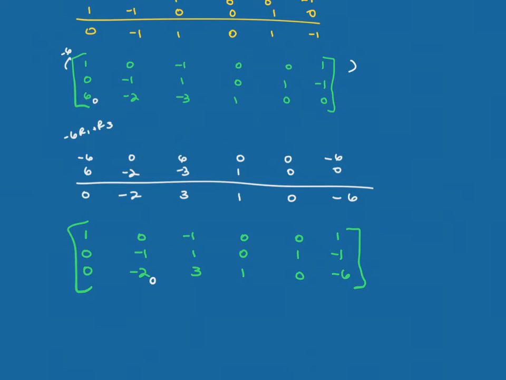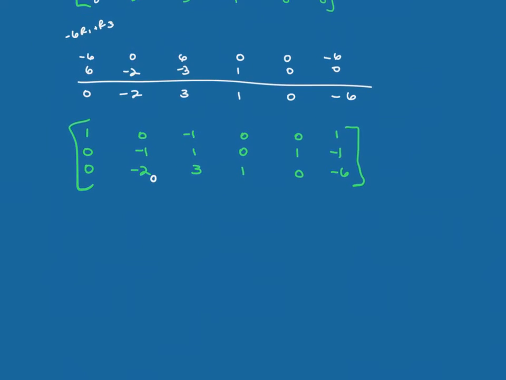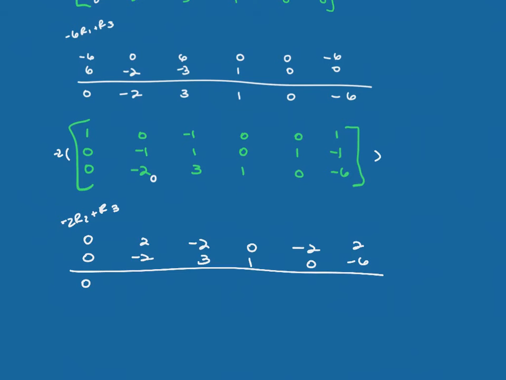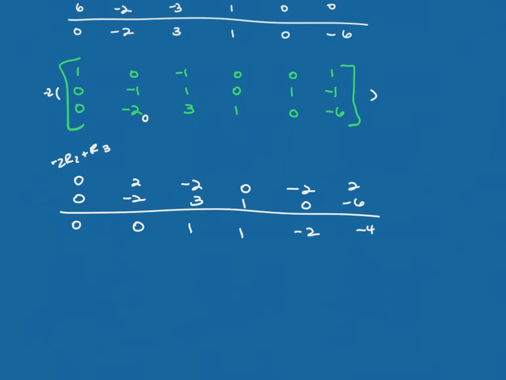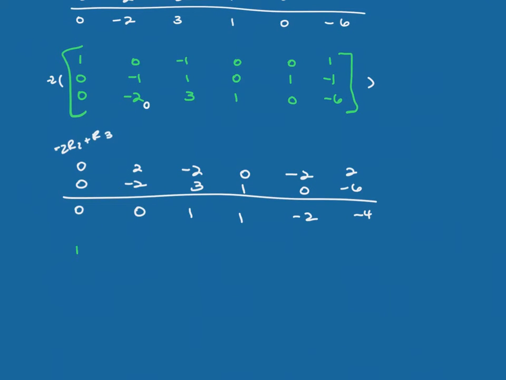Now I need a 0 where the -2 is. So I can multiply row 2 by -2 and add it to row 3. And then replace row 3 with that.